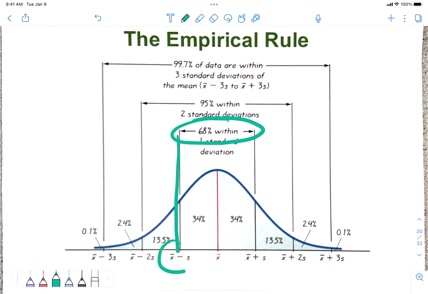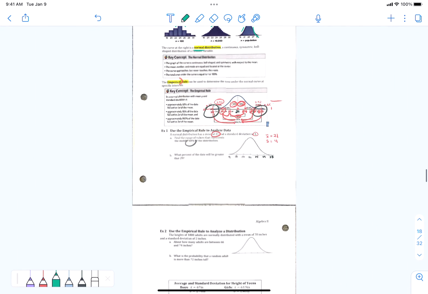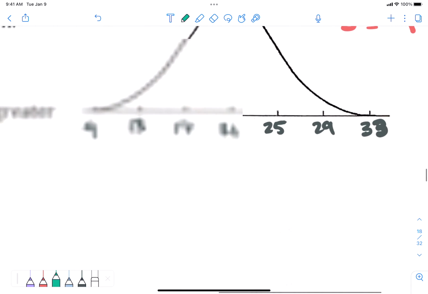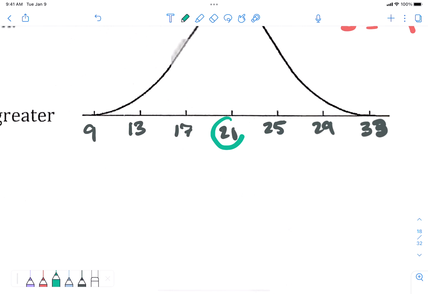That is from this mark on this side to this mark on this side. 68% of people will score between those two. So according to this, if average is 21, what percent of people, or 68% of people will score between what and what? 68% will be between 17 and 25.